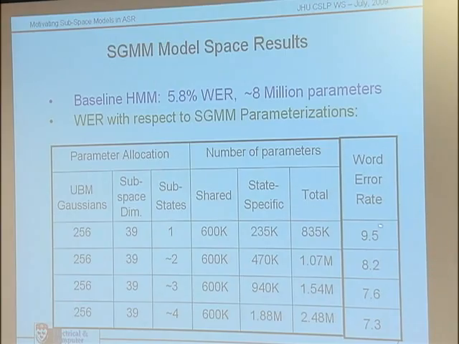What we found is I could not quite reach the baseline word error rate here. I got to about 7.3% word error rate. I think with tuning, we could probably make it.